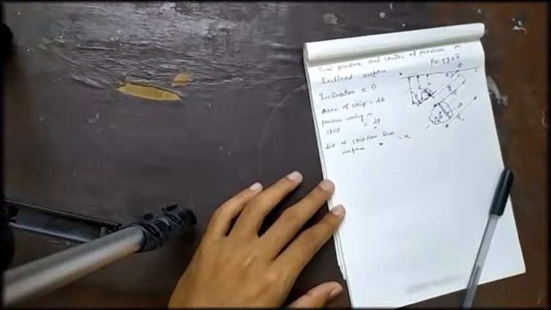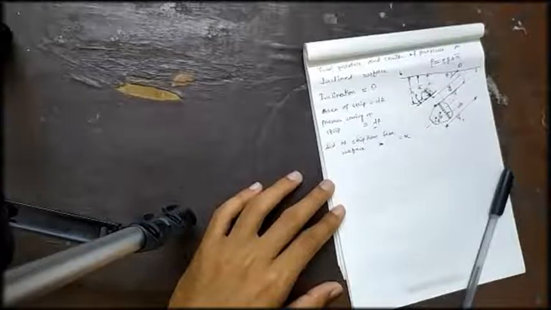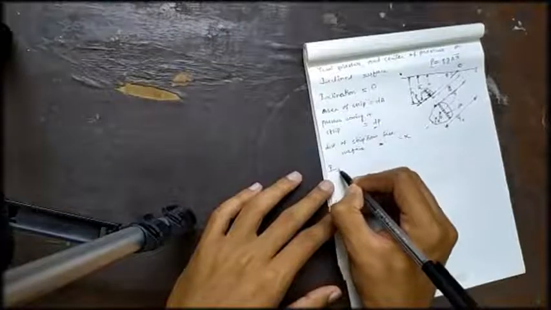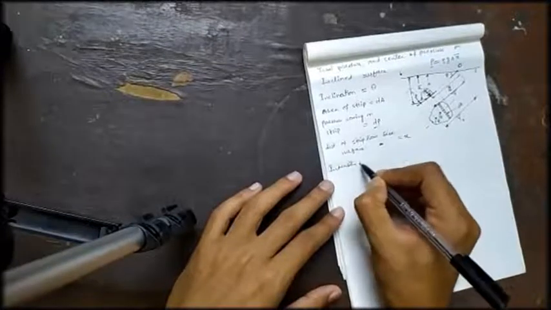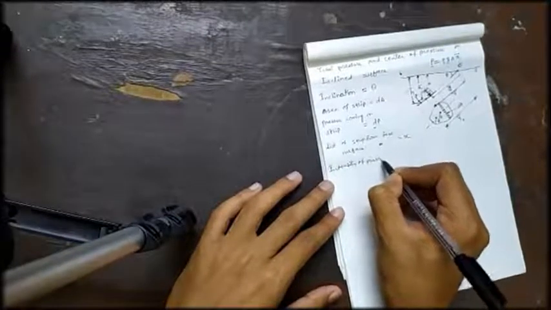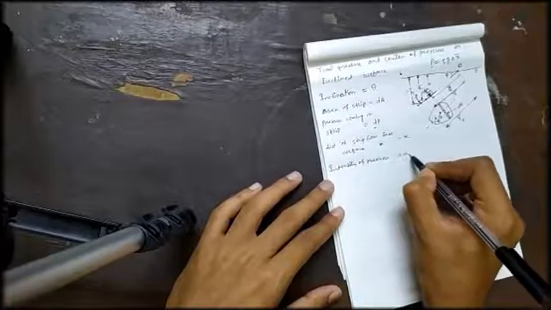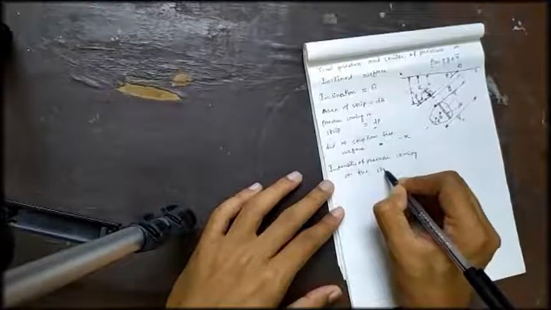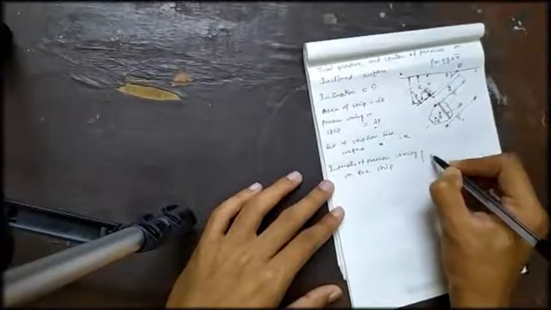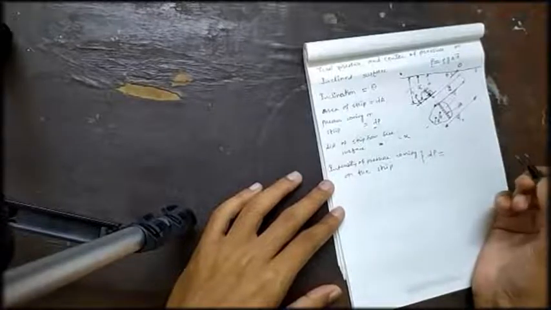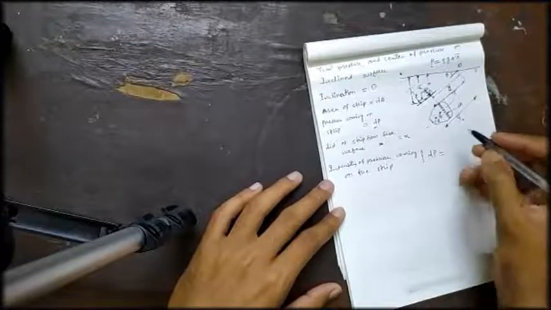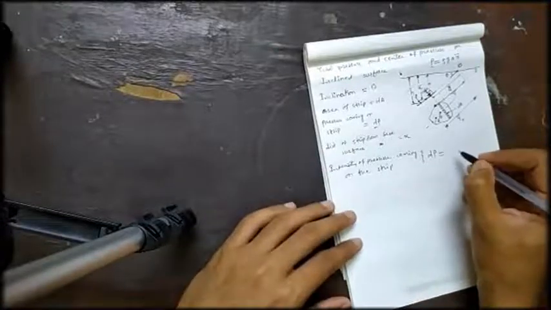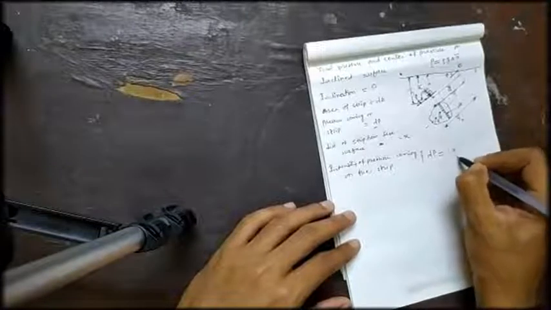First of all, what will be the intensity of pressure coming on the strip? That intensity of pressure is equal to dP, and we know that the pressure coming on this strip is nothing but rho into g into x.